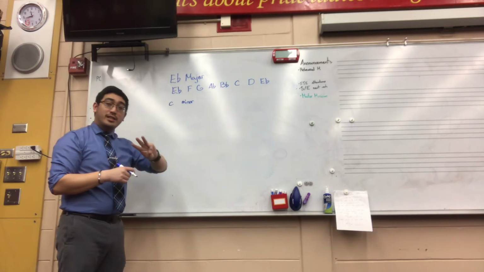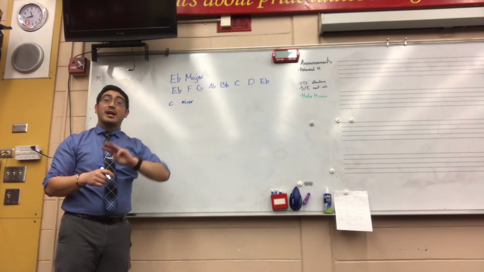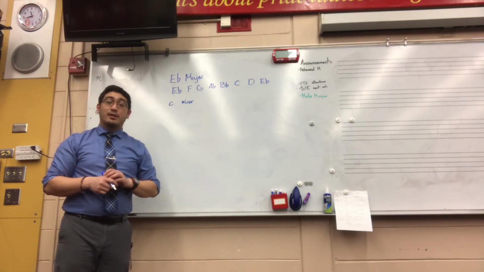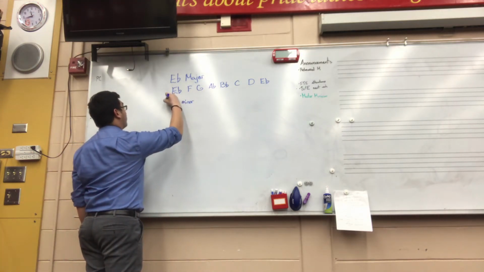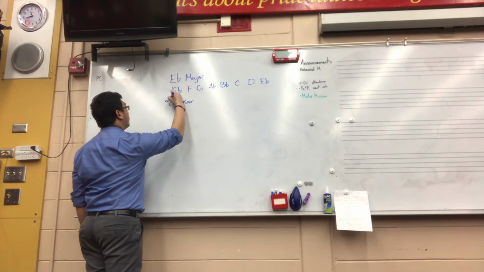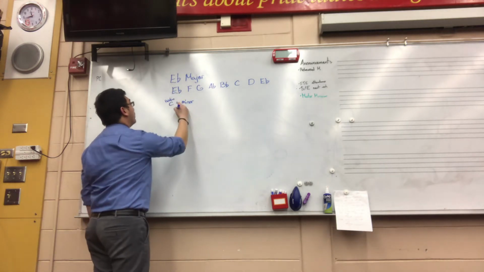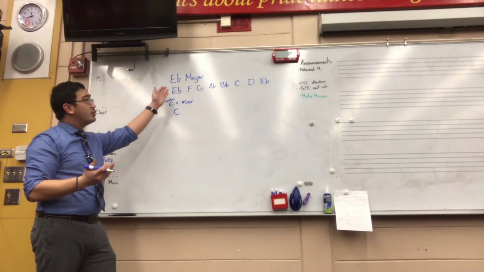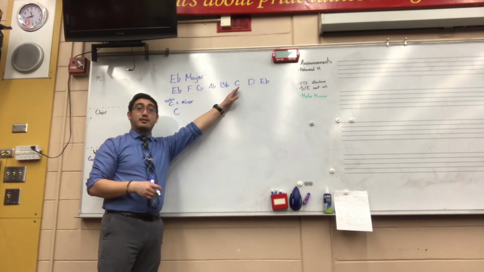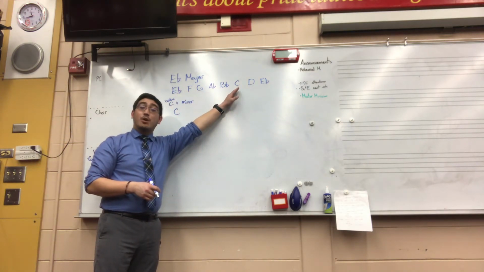There are 3 different forms of the minor scale. The first one is your natural minor. To do this, it's the E flat major scale starting on scale degree 6, also known as your Aeolian mode.